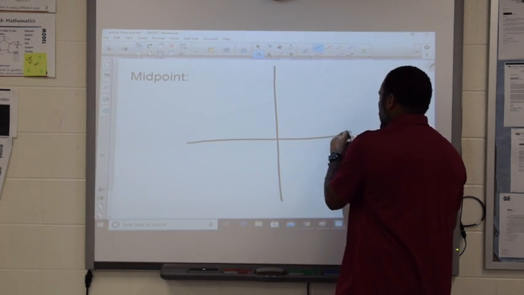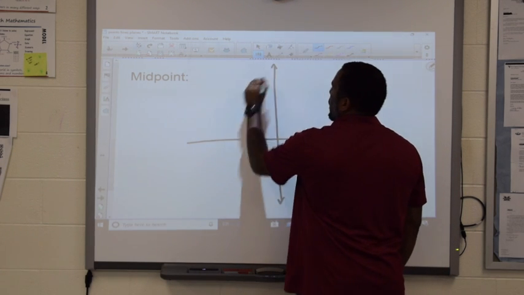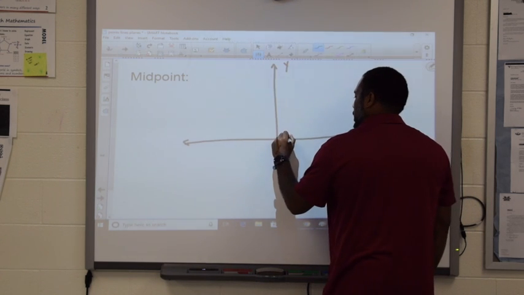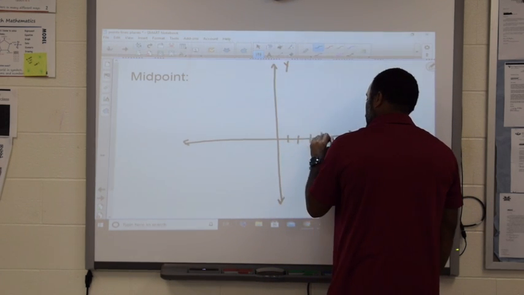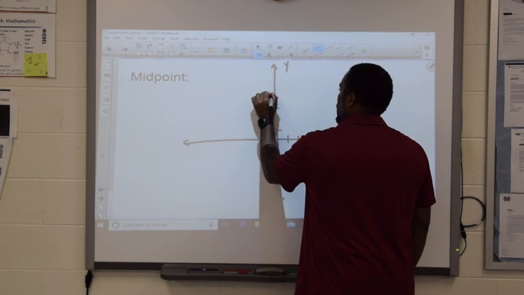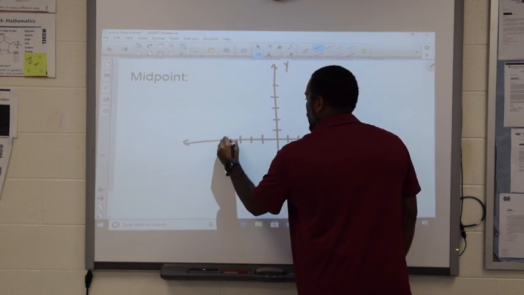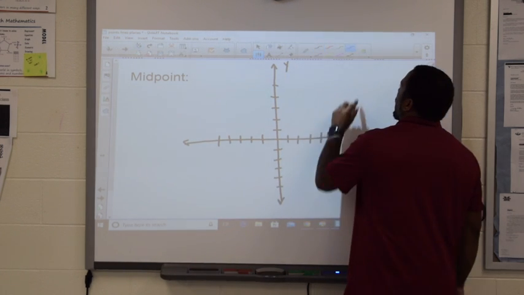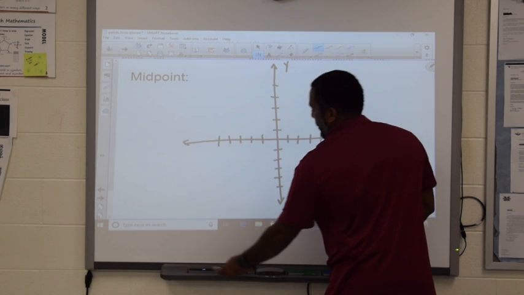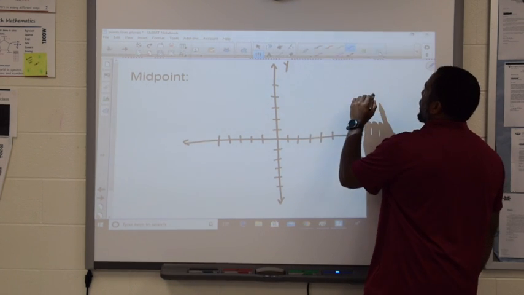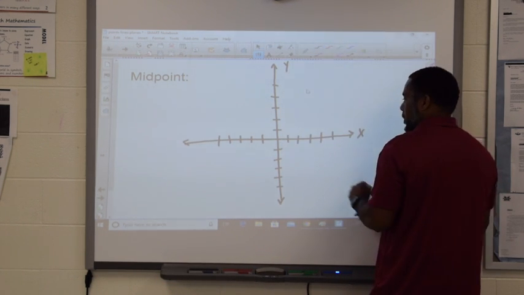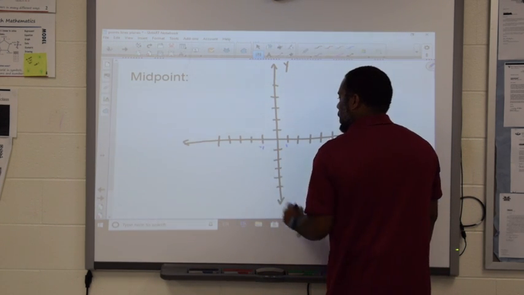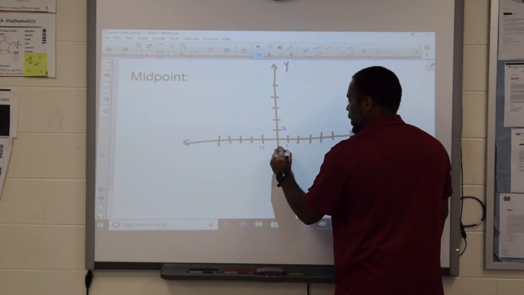We do need to know how to label our plane and how to label a point on the plane. So here I'm going to say this is going to be at 1, this is going to be at -1, this is at 2, and this is -2.